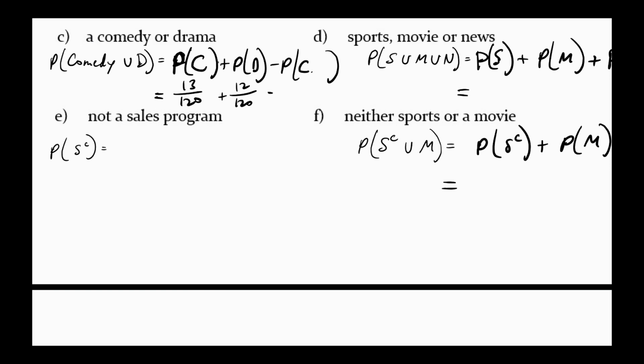Well, there are no comedy drama shows listed, so there would be no overlap. So you get 25 out of 120, which is 0.208.